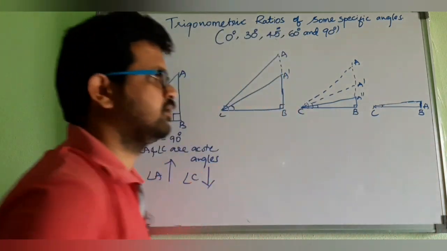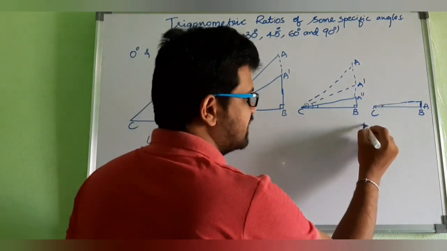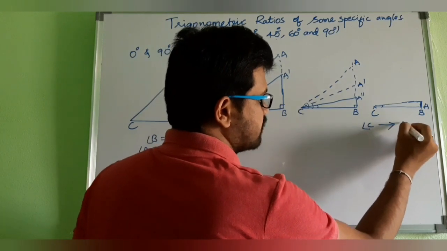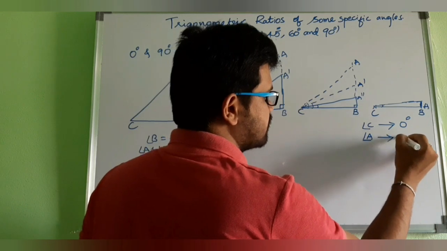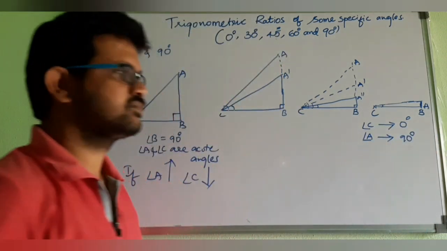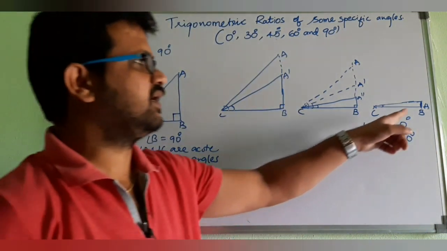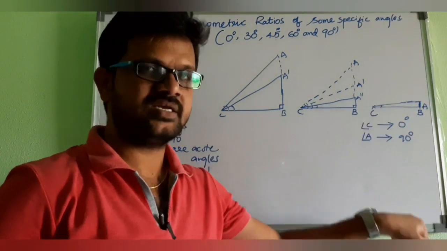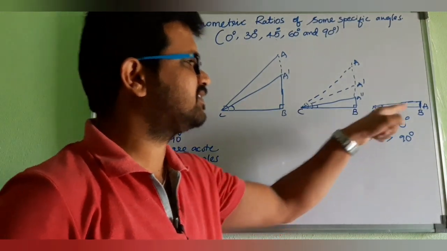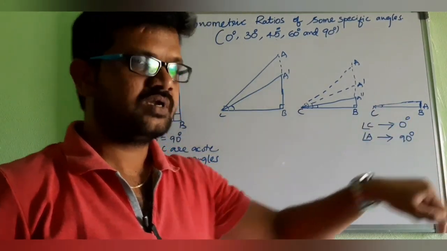Okay, means angle C tends to 0 degrees and angle A tends to 90 degrees. So when angle A increases, angle C decreases. Angle C tends to 0 and angle A tends to 90 degrees.